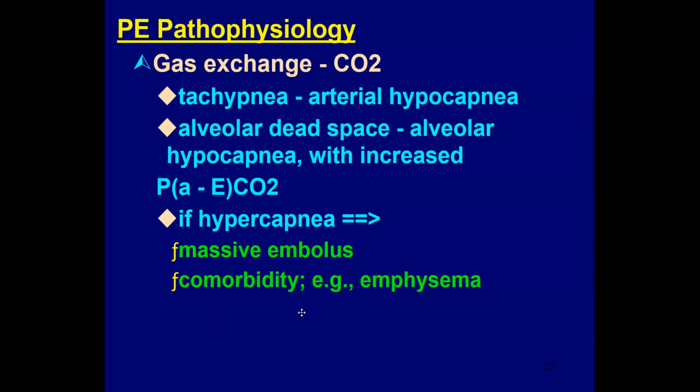And this is a very important factor. If the patient should have hypercapnia, an elevated PCO2, that means either that this is a massive embolus, that the dead space is tremendous, or that there is a comorbidity, such as the patient also has, in addition to the PE, something like emphysema.